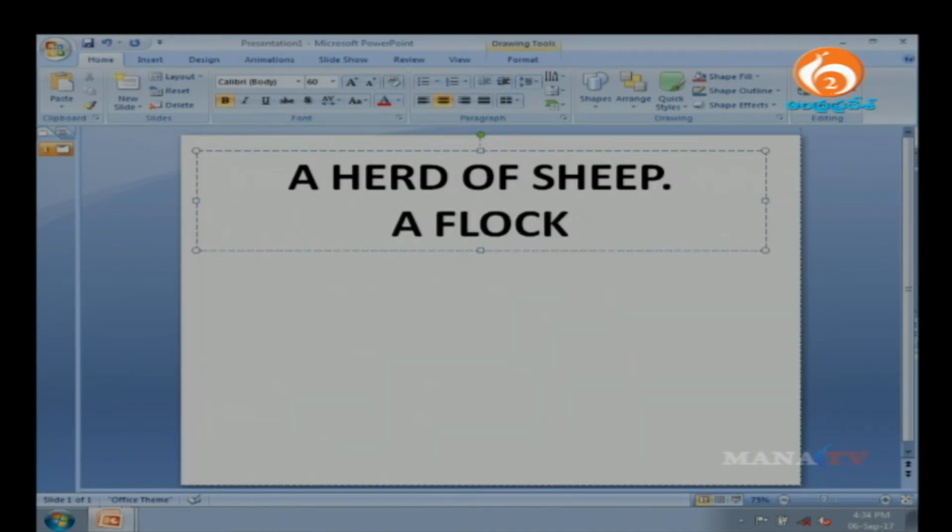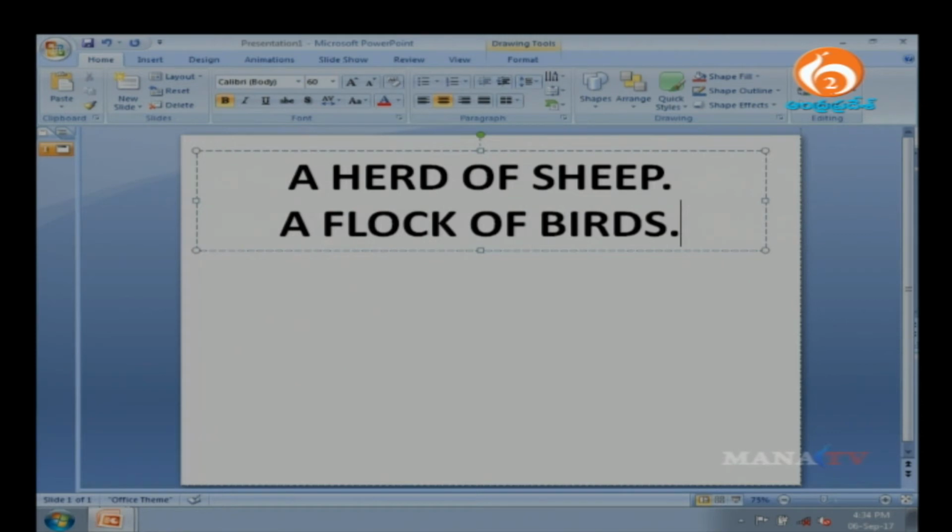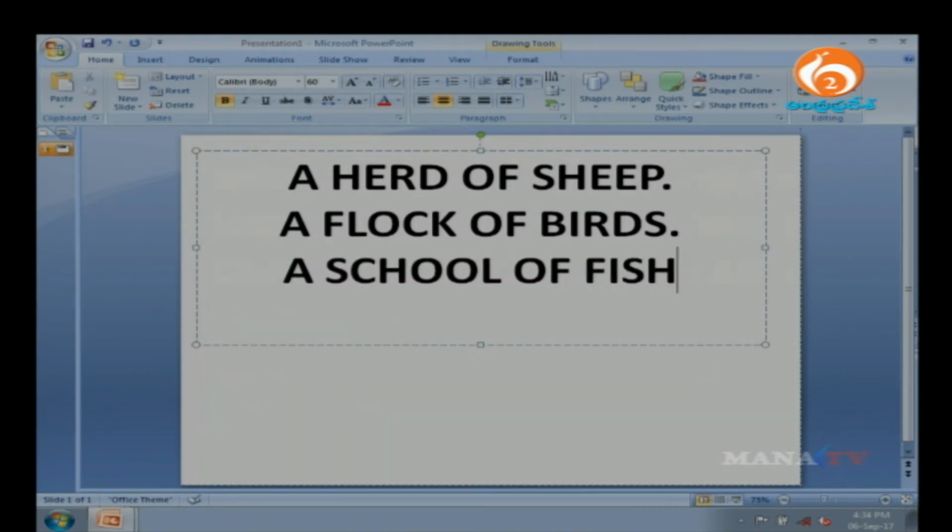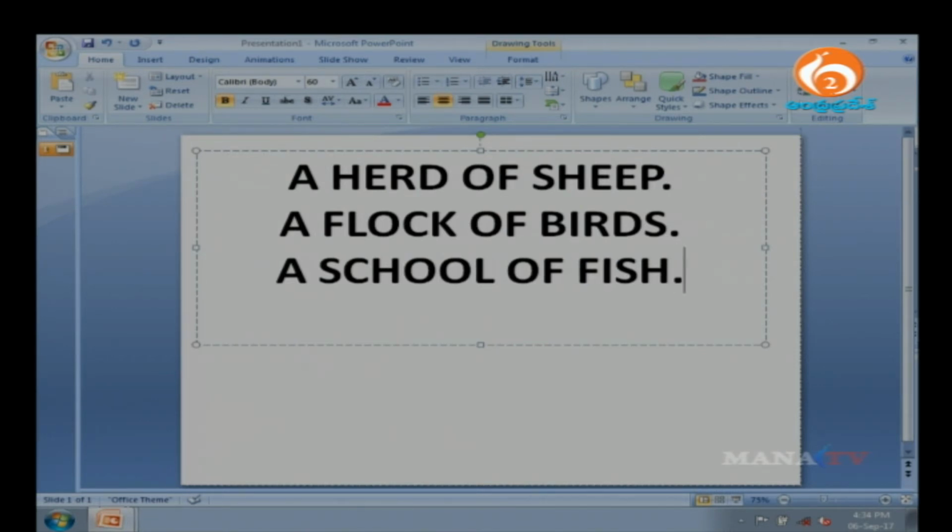I cannot say fishes, so I need to say a school of fish. That is how it's denoted. There is no plural form for fishes. You can't say fishes. It's fish only. All right. So these are the examples of all the forms.